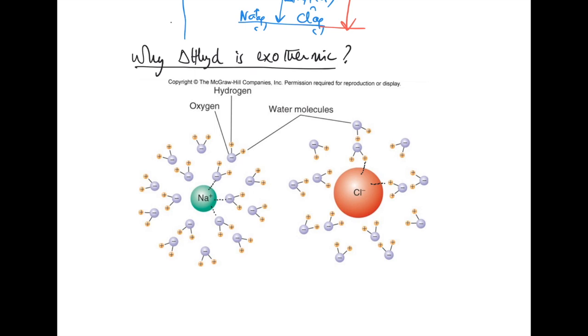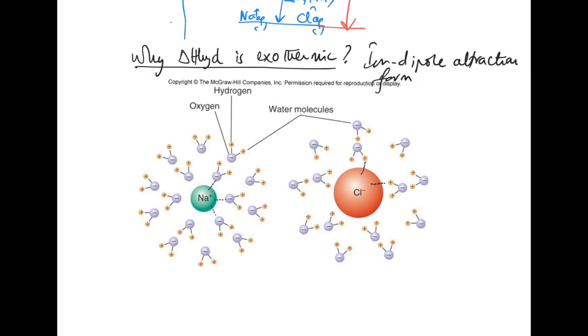So technically, when a gaseous ion is added in water, there is no bond breaking, there is just simply bond formation, and that is ion dipole attractions. So these ion dipole attractions form, and they result in release of energy, making enthalpy of hydration exothermic.